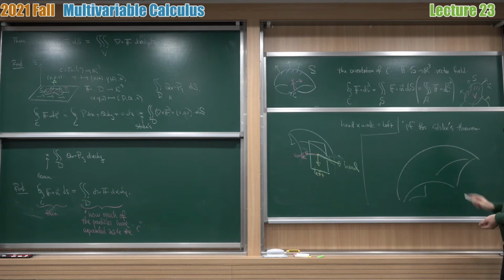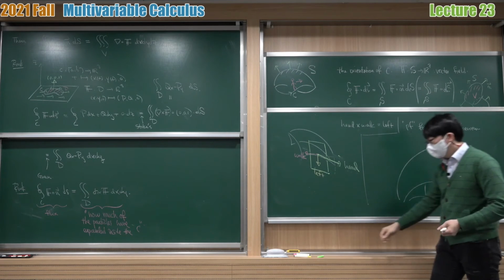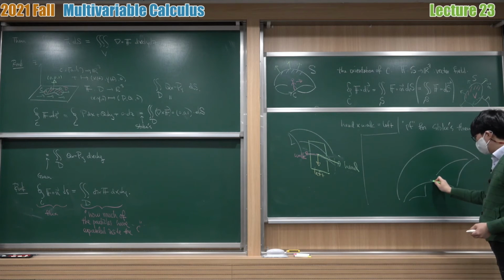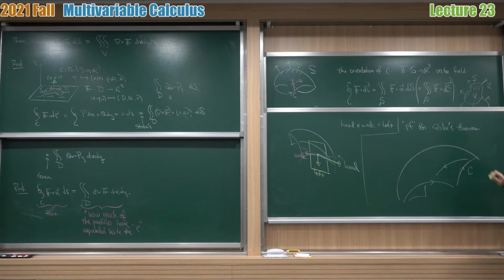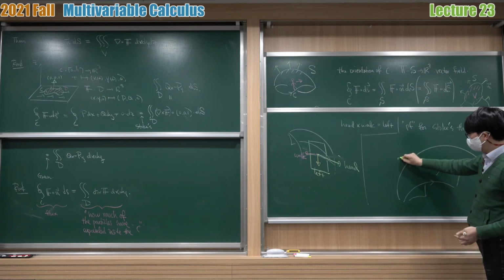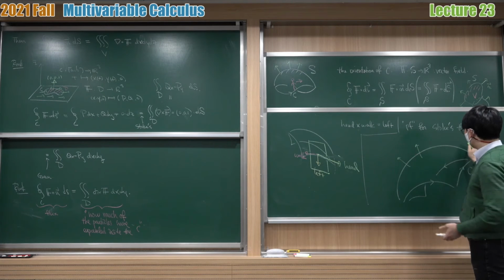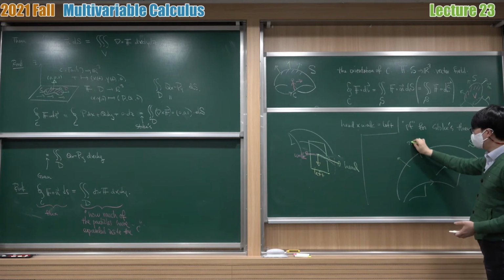And I'm going to fix my orientation of a curve and the surface. So I'm going to fix my orientation of a curve outside, a boundary of the surface, in this direction, and also the orientation of the surface in this direction. Okay, so this is my n.